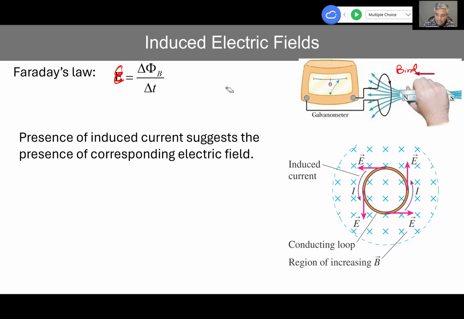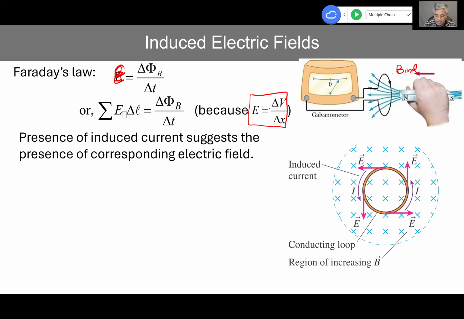Okay, so now what we can do is we can write this slightly differently. EMF and electric field, they are related. This is what we learn. Yes, there is a negative sign as well in the formula, but I'm ignoring that negative sign here.